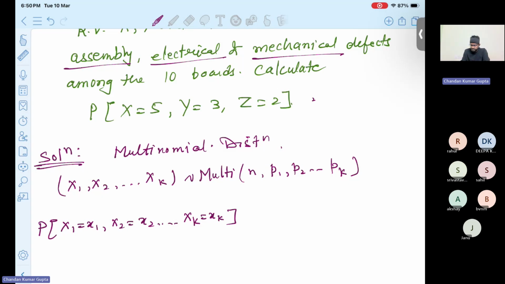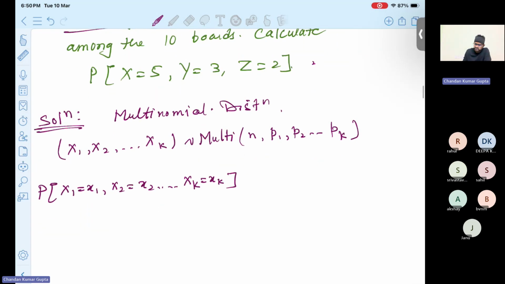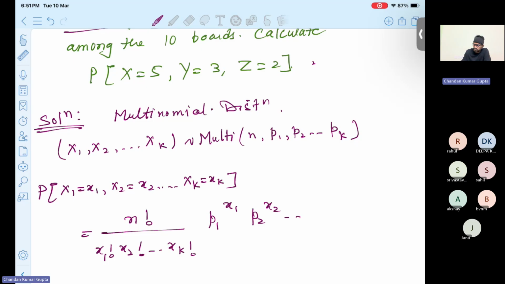The PDF for this is n factorial over x1 factorial, x2 factorial, up to xk factorial, the same kind of thing as in binomial, multiplied by p1 to the power x1, p2 to the power x2, up to pk to the power xk.